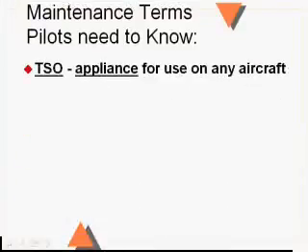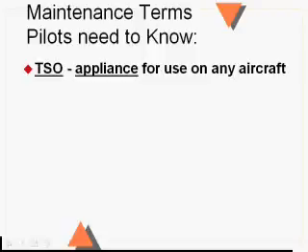Here's some terms pilots need to know about. TSO stands for Technical Standard Order. If somebody wants to build an appliance, say a radio, some brakes, tires, wheels, a battery, a magneto, an alternator, a rotating beacon, some strobe lights, these are all appliances, and they're reasonably generic in that an ELT that'll fit in the tail of a 172 will fit into a Piper Warrior, or a Robinson R-22 helicopter, or a Beechcraft Bonanza.